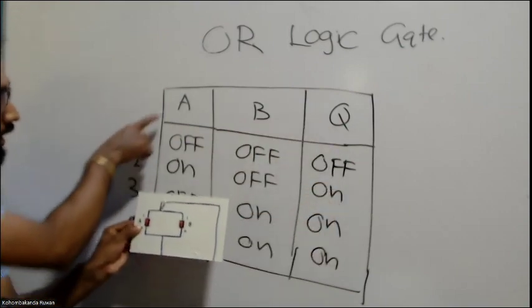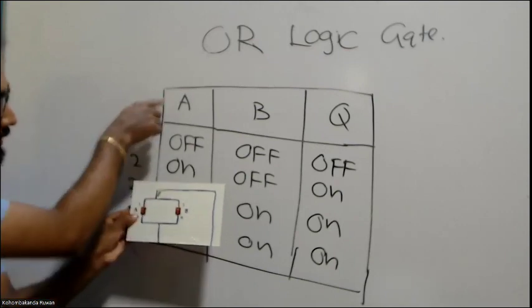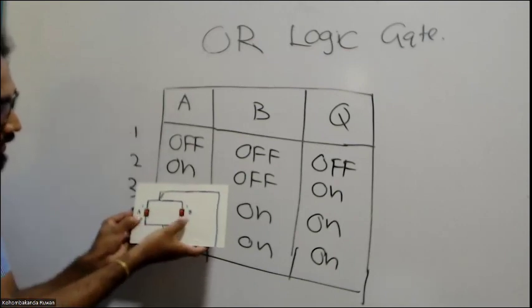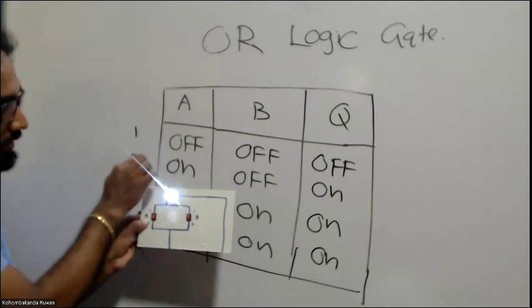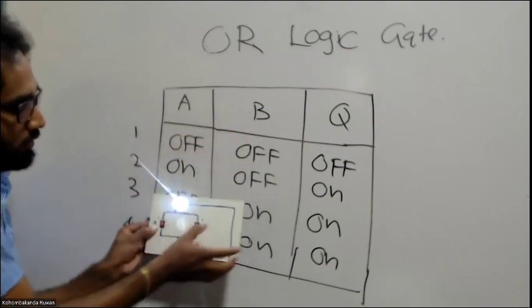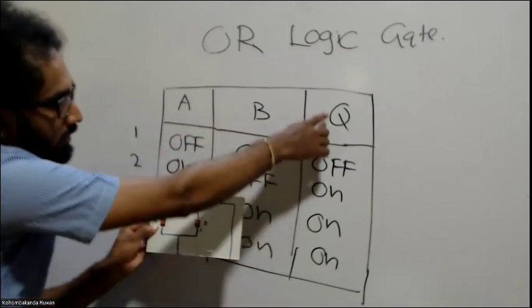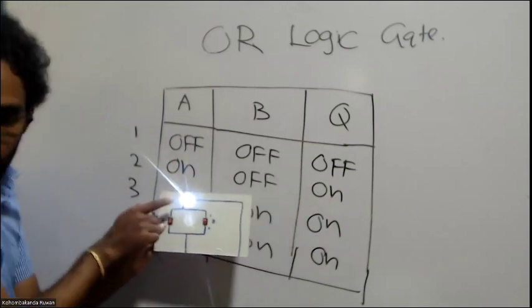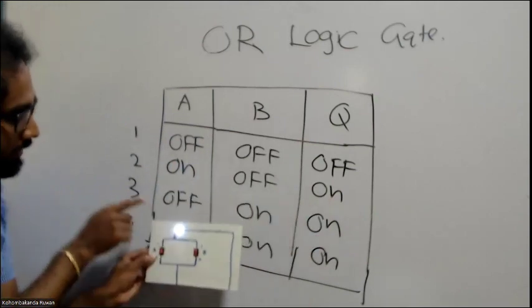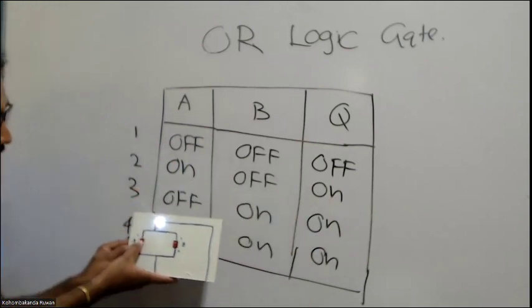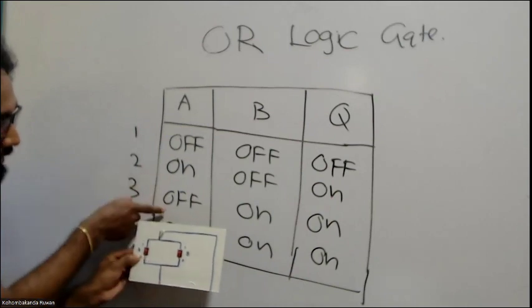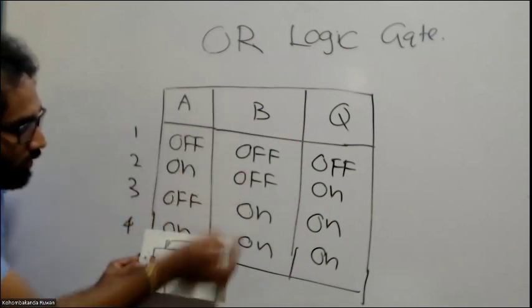Second one, I will switch on the switch A. Now you can see B is in the switch off state, but the bulb is on. Third scenario, A is off, but B is on.